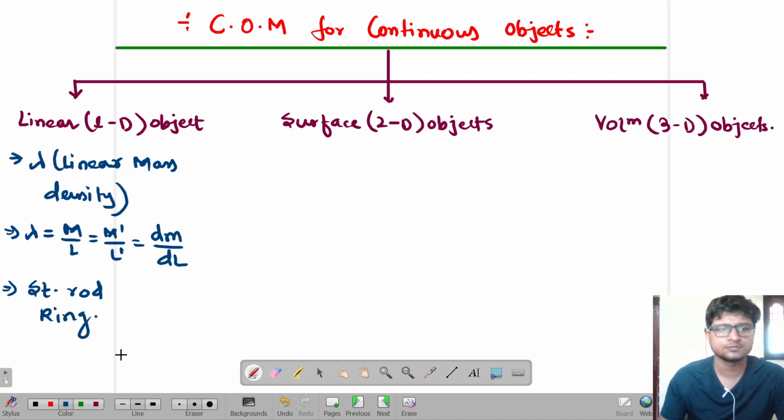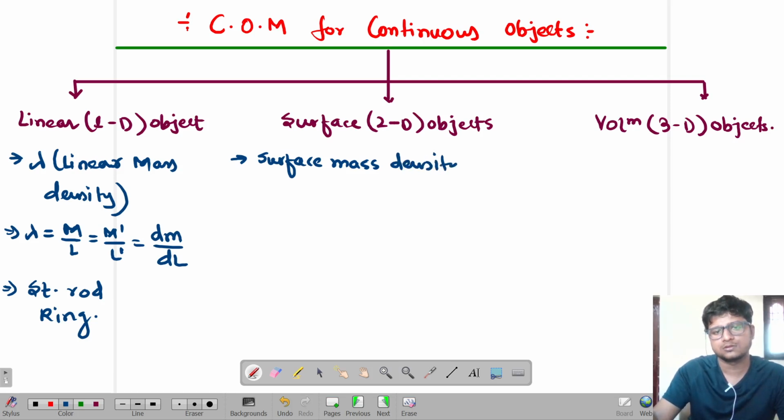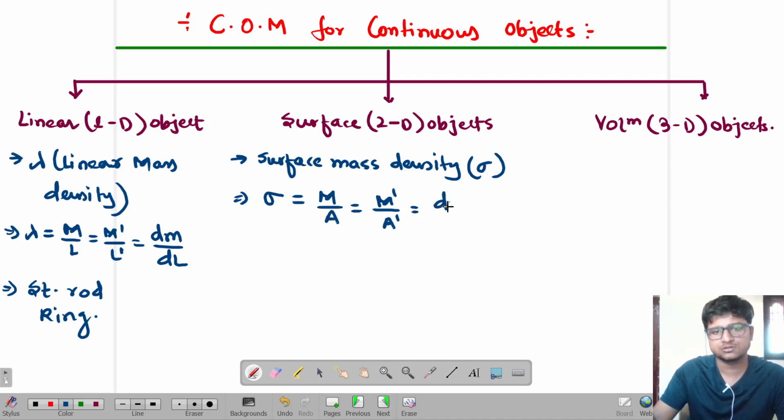Yes or no? For surface, we define surface mass density, which is denoted as sigma. We said that sigma is exactly equal to mass by surface area, which is equal to small mass by small surface area, which is equal to dm by dA.